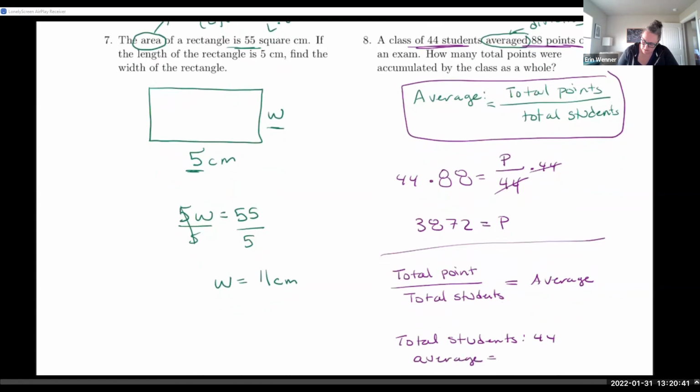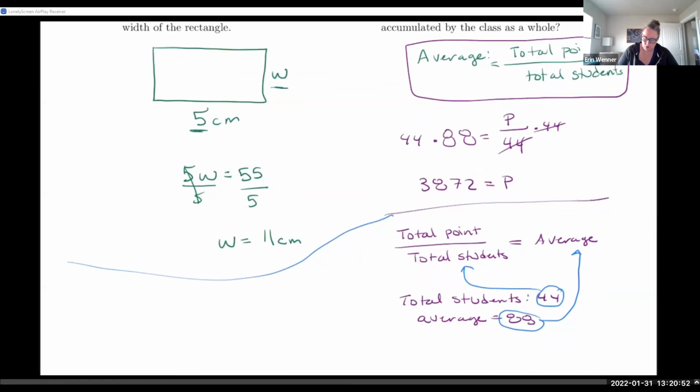So we plug the 88 in for the average and the 44 in for the total students. Then we look at what's missing that I don't have an arrow drawn to: total points. I just said P, but you can use T, you can use L. I do not care. It's your variable. Shoot, you could draw a flower there and use that. All a variable is, is a placeholder, something you're solving for, okay? So that's how we get P over 44 equals 88.